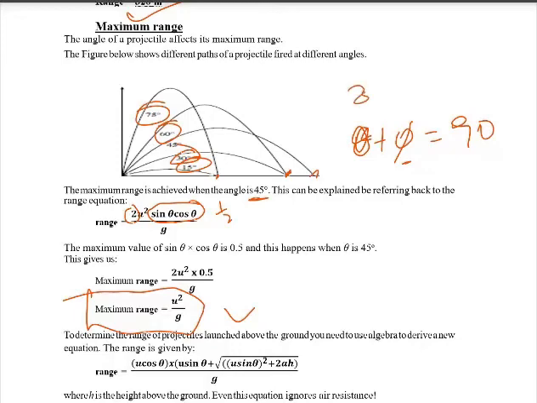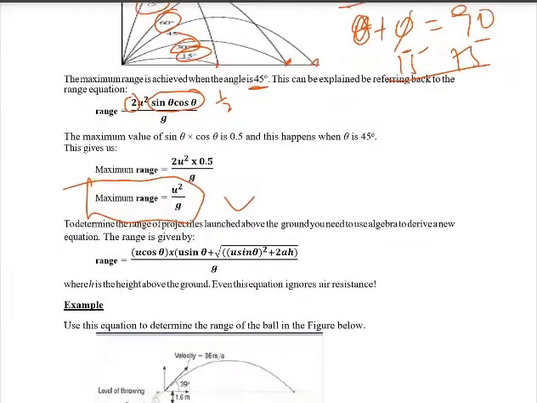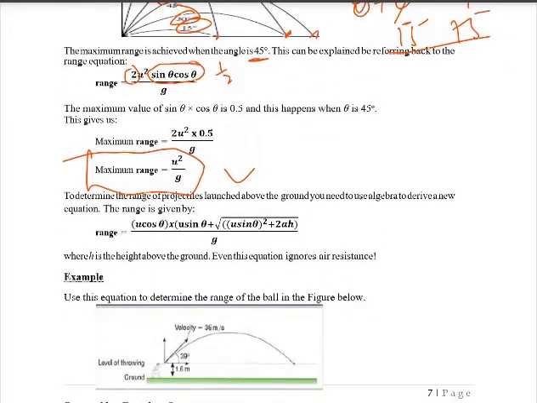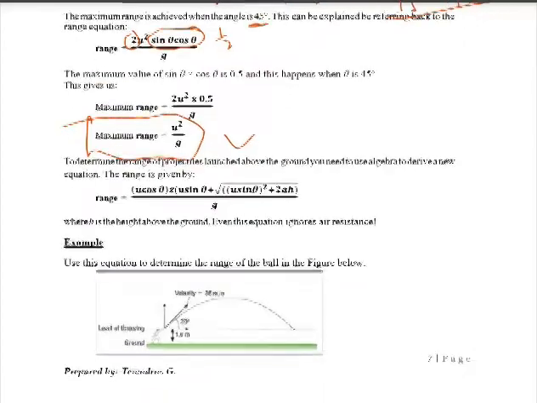For example, if you use 30 degrees to calculate the range, and if you use 60 degrees, the range is equivalent, because the sum of the two is 90 degrees. Therefore, the range at 30 degrees and the range at 60 degrees are equal. The range at 50 degrees and the range at 40 degrees are also equivalent. You must know this.